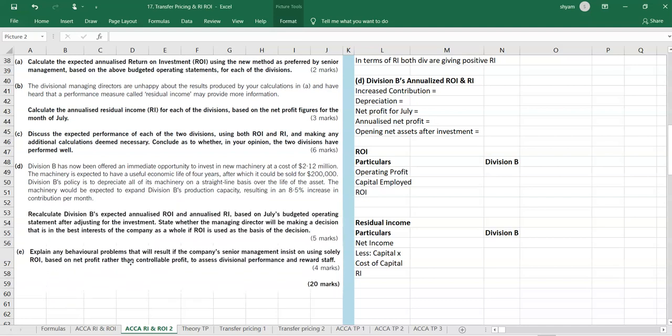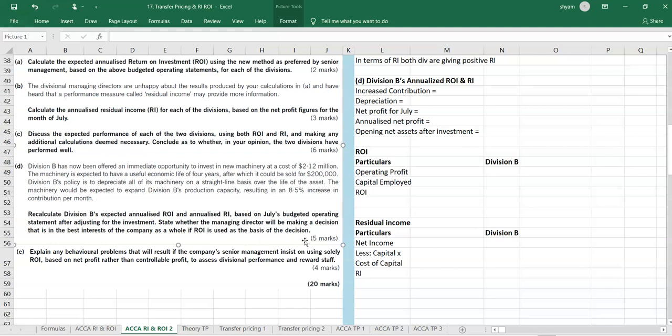We calculate division B's expected annualized ROI and RI based on July's budgeted operating statement. After adjusting for the investment, state whether the managing director will be making a decision that is in the best interest of the company as a whole if ROI is used as the basis for decision.